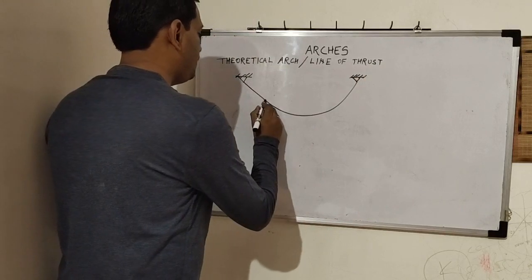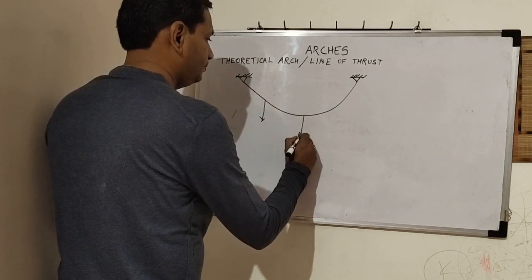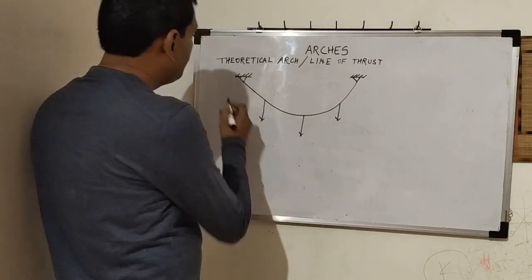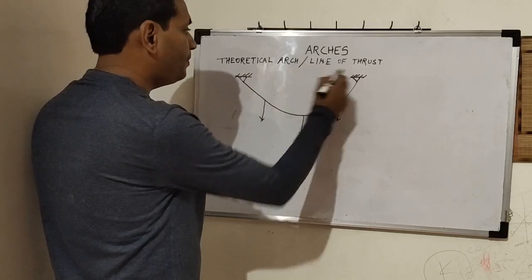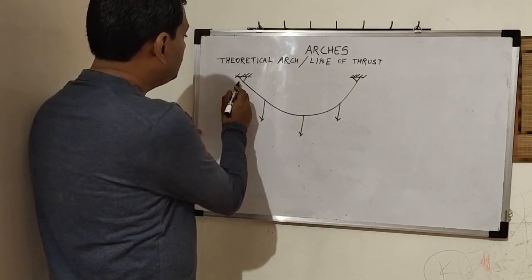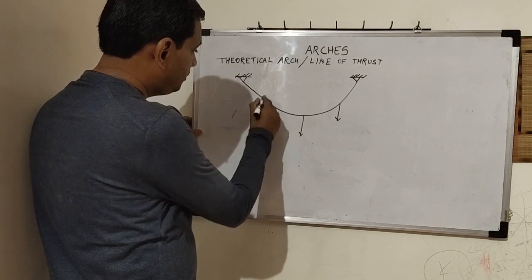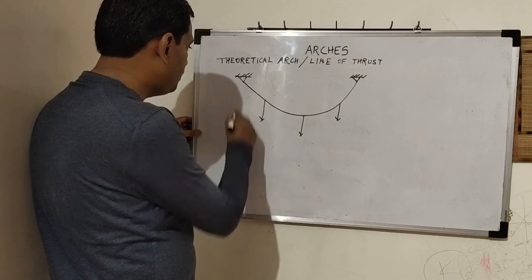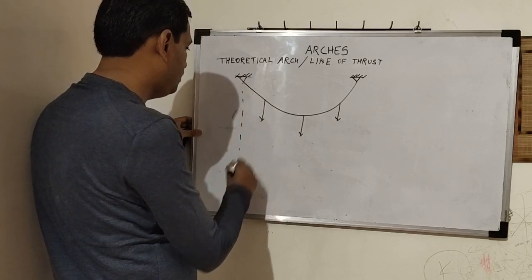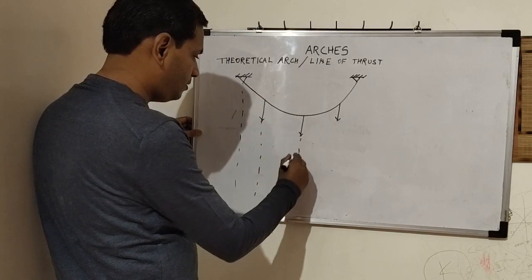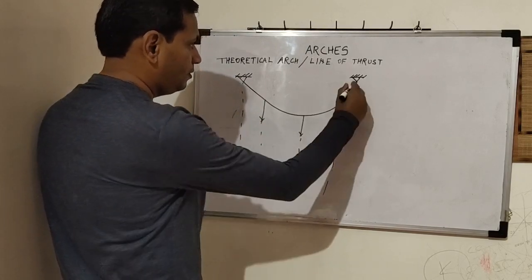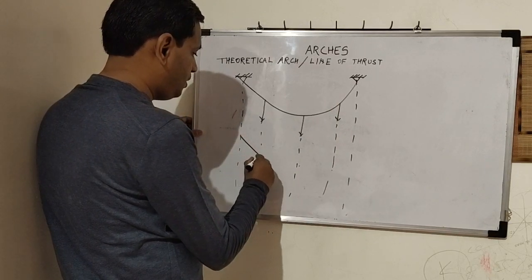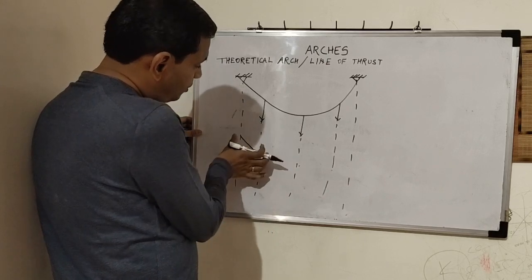Let us say it is subjected to some forces. What will happen in this? Some reactions will get developed here, horizontal and vertical, and between the support and this load, this part of the cable is going to get straightened, something like this. I'll just draw the projections here. So here is one cable which has now got straightened.